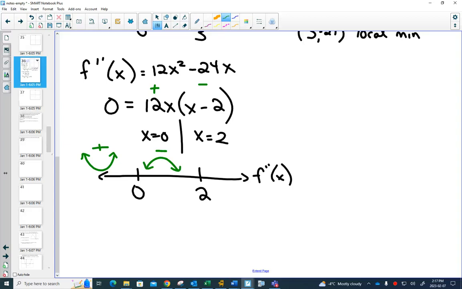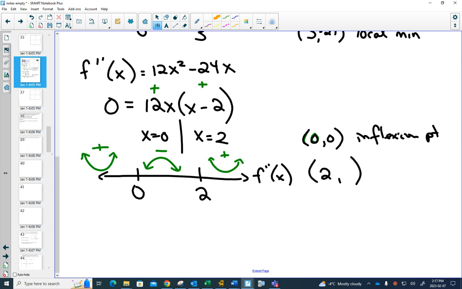This part will be concave down. And finally, plugging in something bigger than 2, both of these factors are positive. Back to concave up. So we know that both 0, 0, and we knew that one already, but now 2 comma something is also an inflection point.